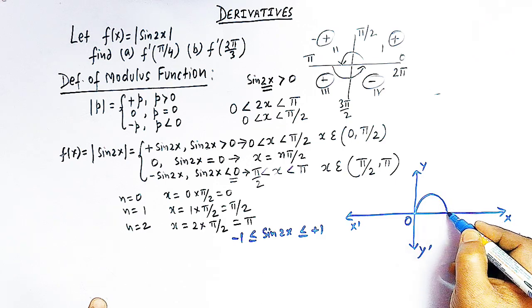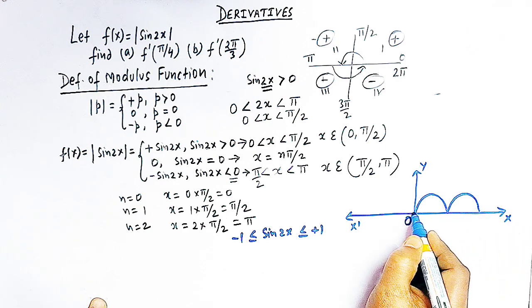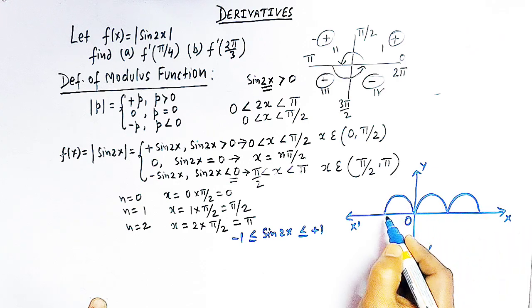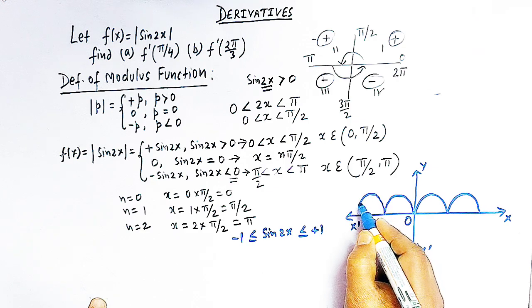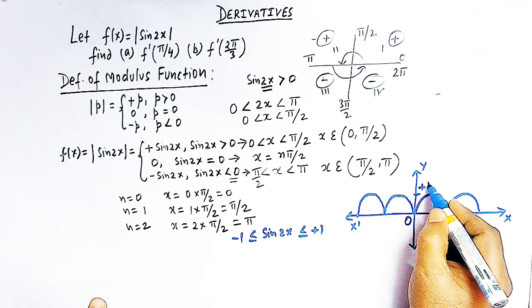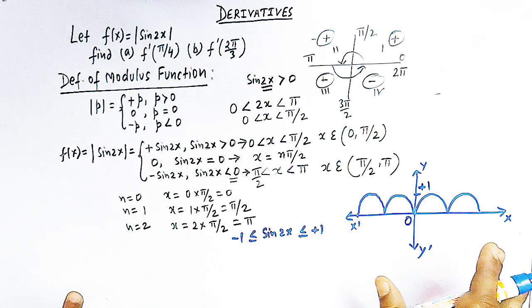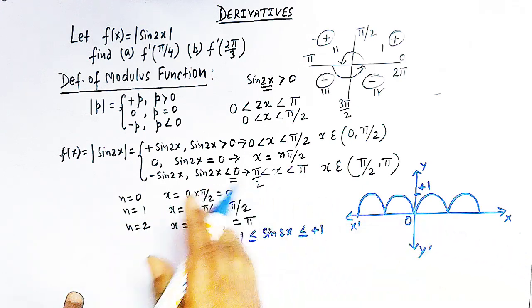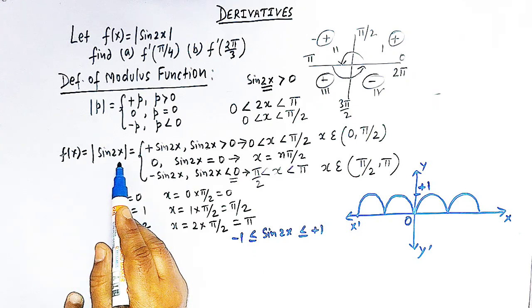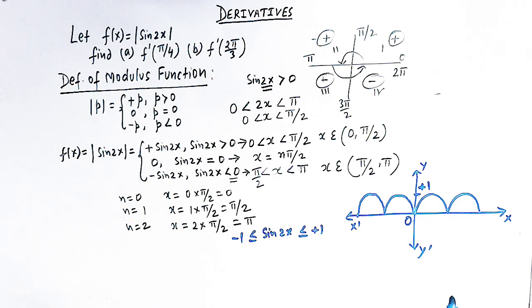This is the graph of sin 2x, and similarly we can draw the graph like this, and here we have plus 1, right? So here we are not going into the details of how to draw the graph of |sin 2x|. So this is the graph of |sin 2x|.